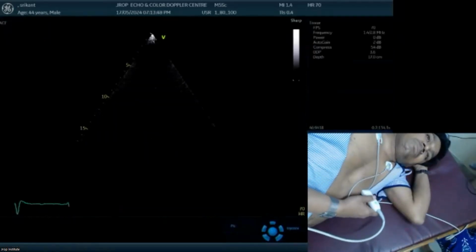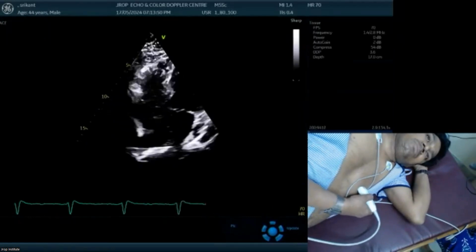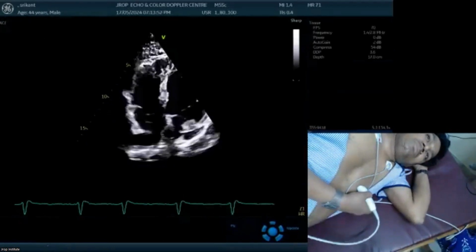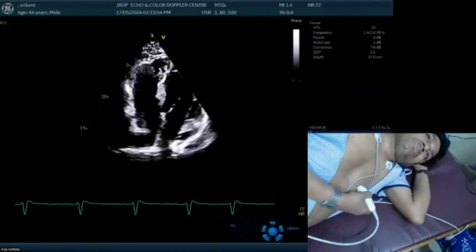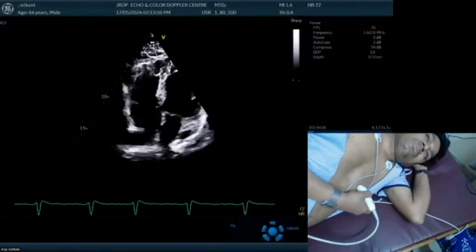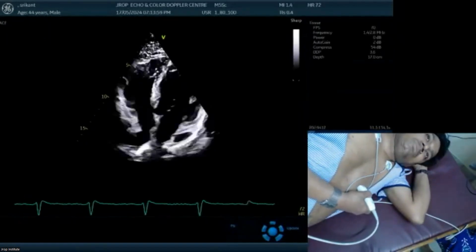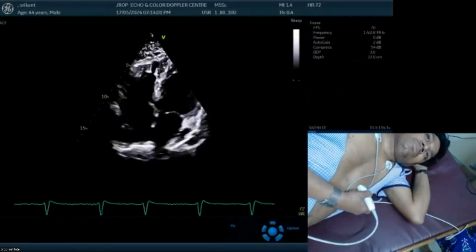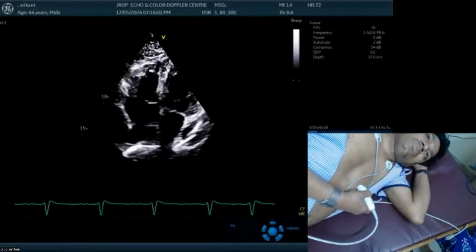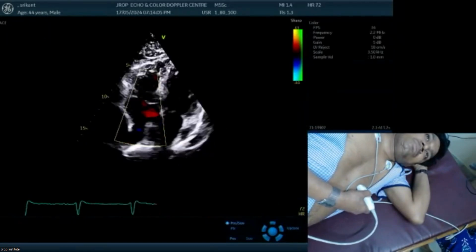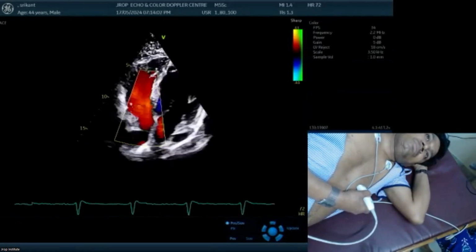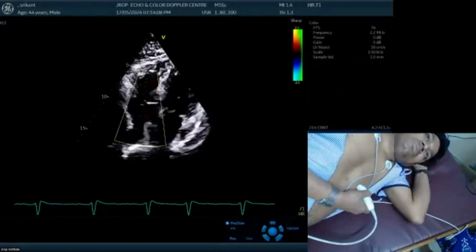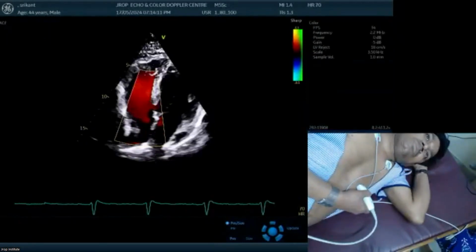Now, the next important issue is we look at pulmonic flow velocity and pulmonic gradients. Look, we talk of the pulmonic valve and then we talk of pulmonary artery pressure. The pulmonic valve will give you pulmonic stenosis. Pulmonary artery pressures will be derived from TR jet velocity, tricuspid regurgitation jet velocity. Can you see this TR jet, tricuspid regurgitation, blue in color?